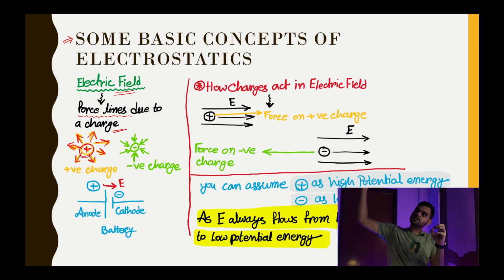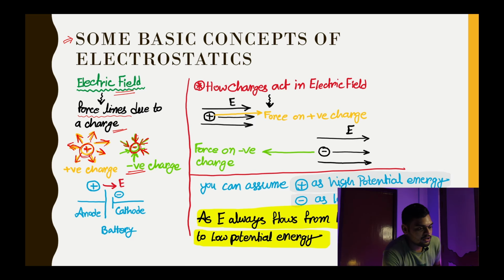The force lines go into it, as directed in the PPT. For a negative charge, the electric field lines or force lines are inward, and in the case of a positive charge, the force lines are outward.